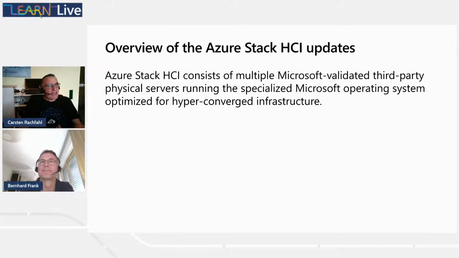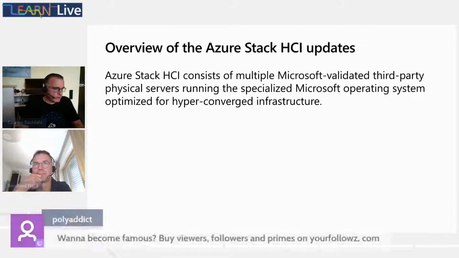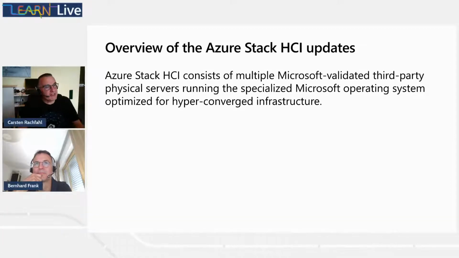So with Azure Stack HCI, we have a shorter cadence. When you look at Windows Server, usually every 2 to 3 years we get a new version. The actual version is Windows Server 2022. We are now in the year 2022. Last year, I think in August or September, a new server version came out, Windows Server 2022. Before that, it was Windows Server 2019 that came out in late 2018.